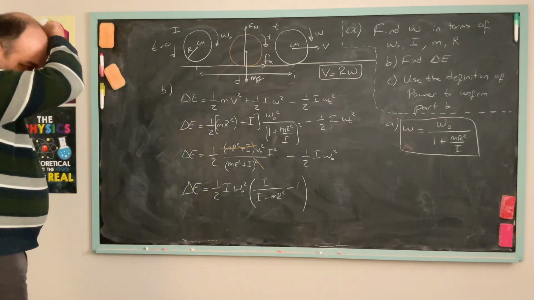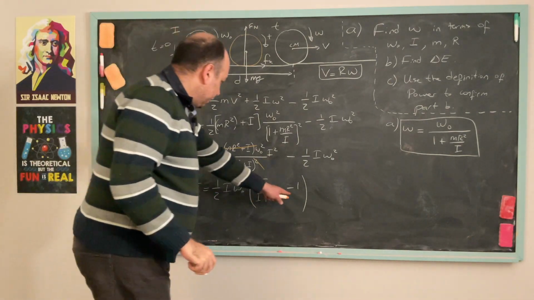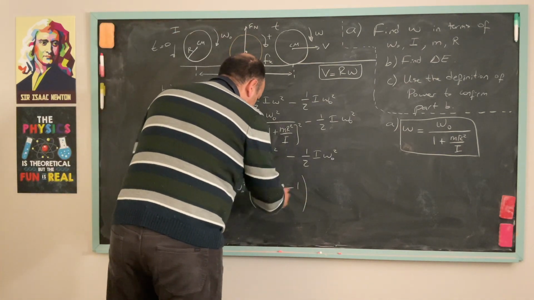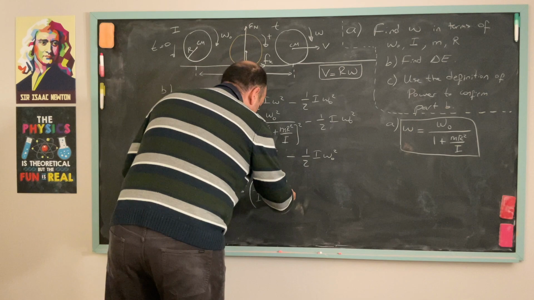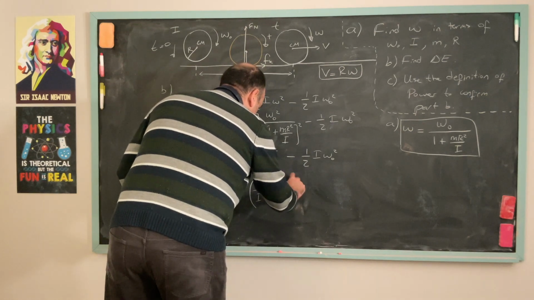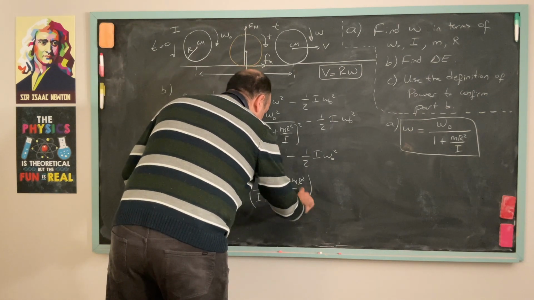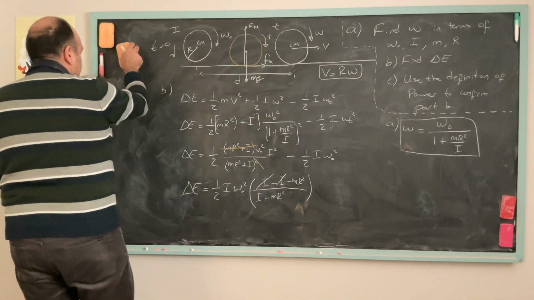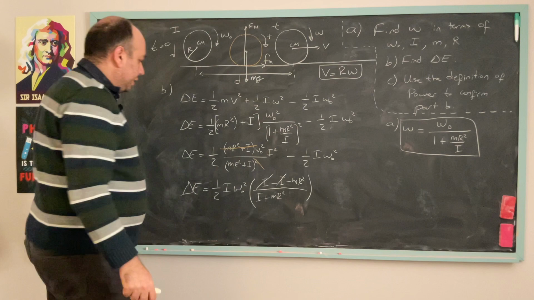So what is that? If I equate the denominators here, it's going to give me minus I minus mR square, right? So this I cancels that I, and I get a minus sign here.